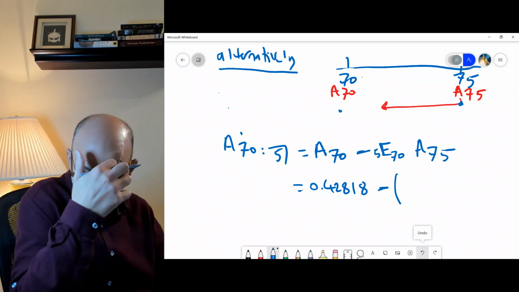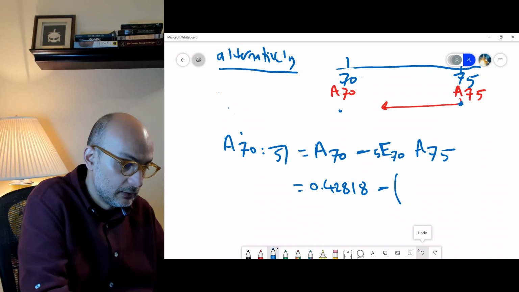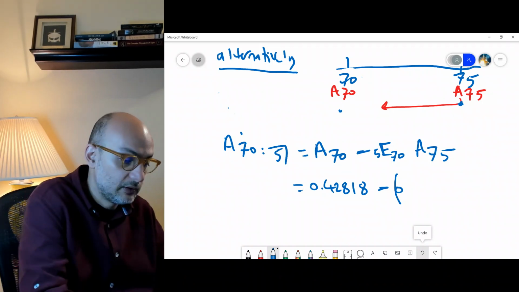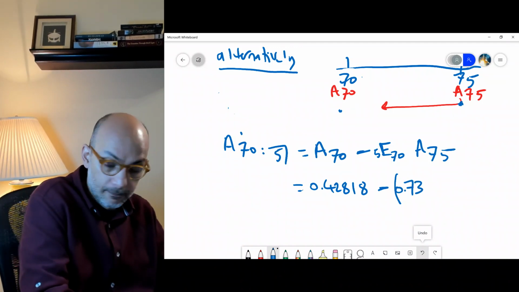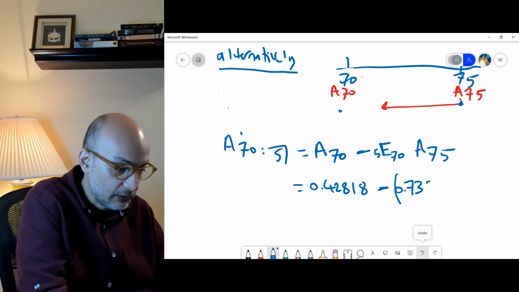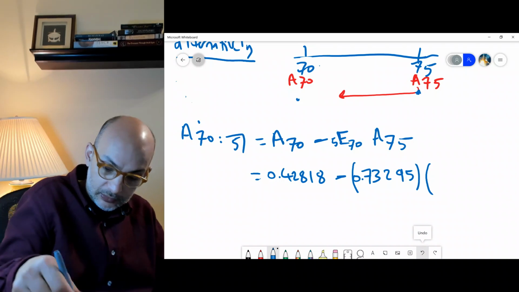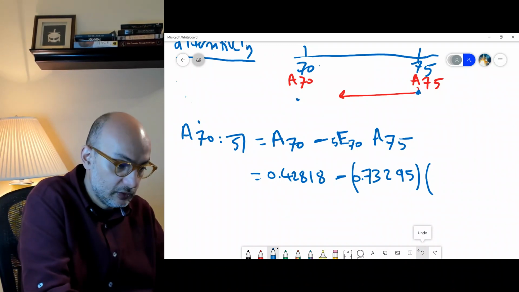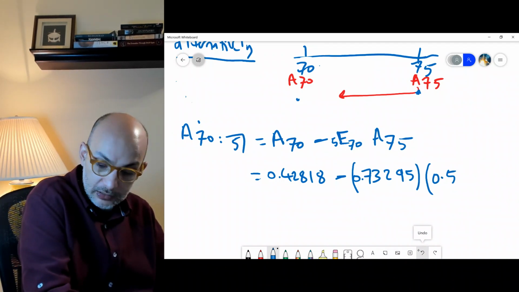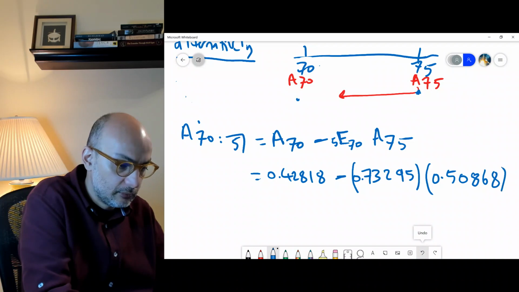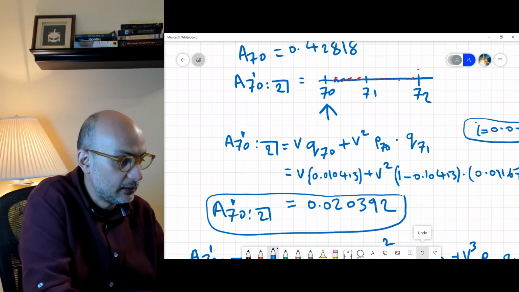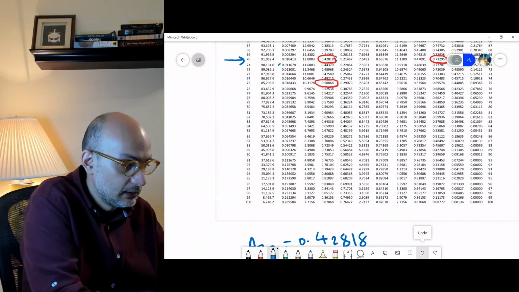The 5E70 is 0.73295. Now the A75 is 0.50868. It's a little bit high. Just wanted to double check that I'm not making a mistake here. Yeah, it's actually correct. It's this one.